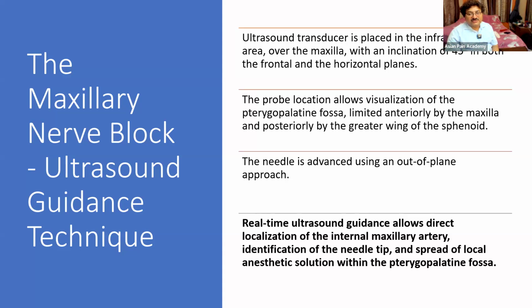And remember, it is limited anteriorly by the maxilla and posteriorly by the greater wing of the sphenoid. So actually we have to go in between the lateral pterygoid plate and the posterior part of the maxilla.